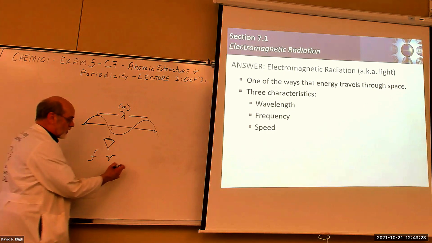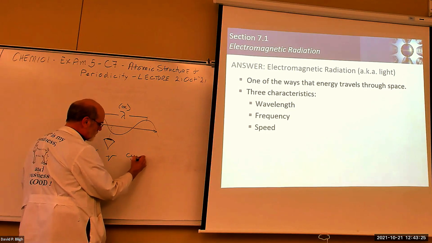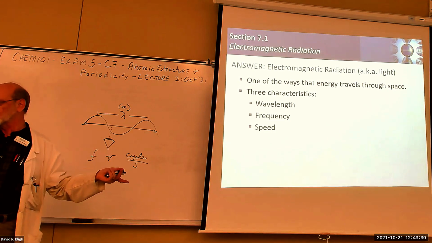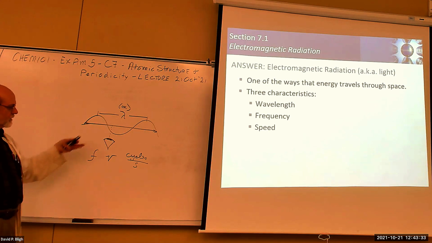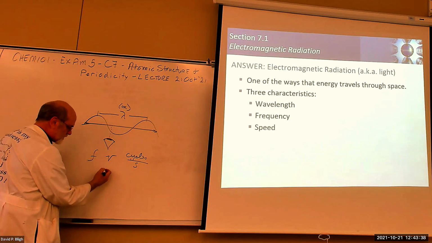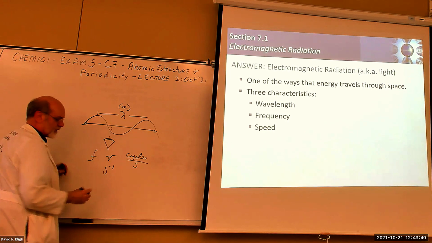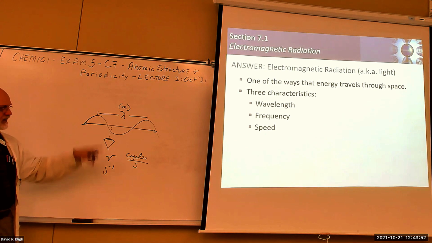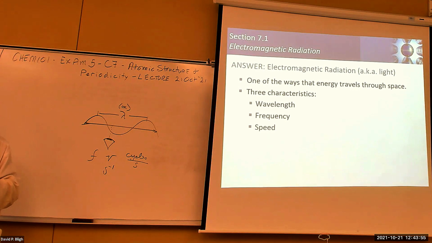Okay, so frequency is in terms of cycles per second. But since cycles is not a unit of measure, cycles just, how many things happen, the units for this is reciprocal seconds. Seconds to the -1, or 1 divided by seconds. Now, in honor of one of the giants of the study of light and signal transmission using light, Hertz.